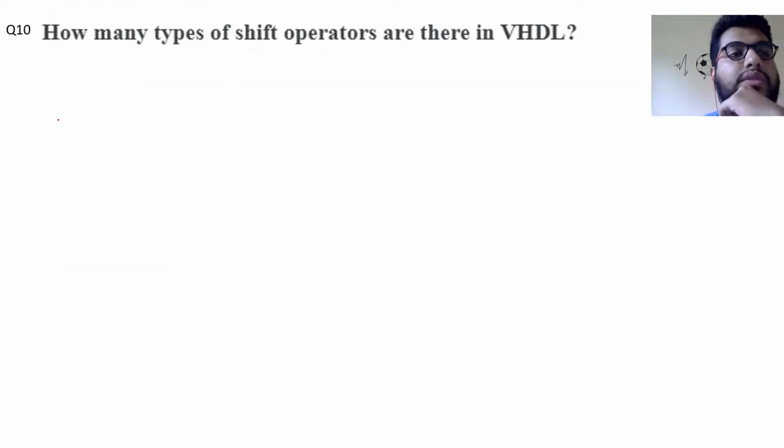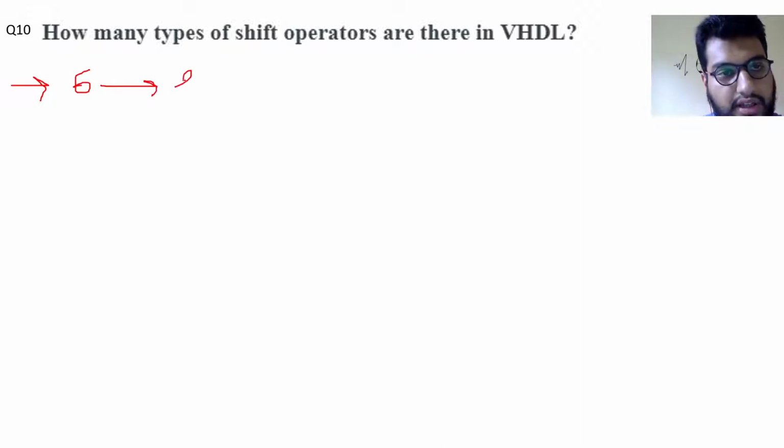Now another question we have here is how many types of shift operators are there in VHDL? This is a theoretical question. So the correct answer is there are six types of shift operators in VHDL.